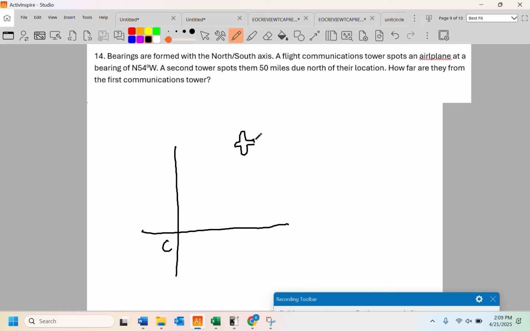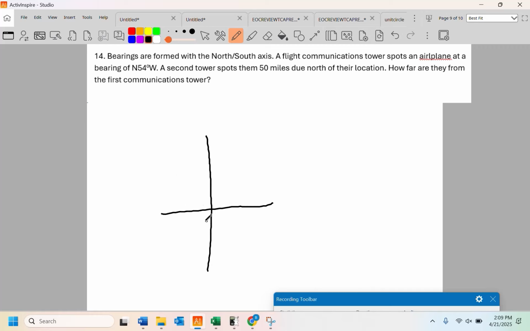Looks more like a bird, at a bearing of north. Oops, mine's backwards. We have some tower at the origin, and they have spotted an airplane at north 54 degrees west. Notice I put that angle outside of the triangle, okay?